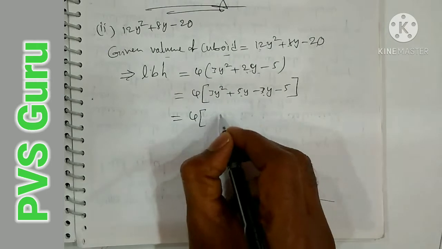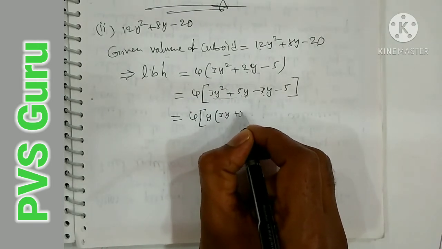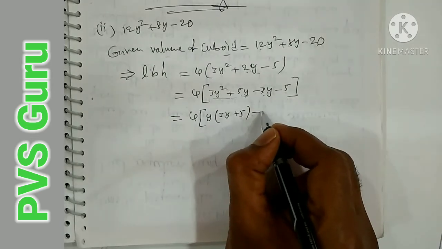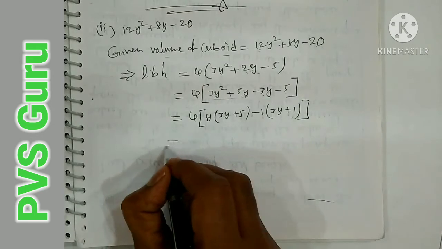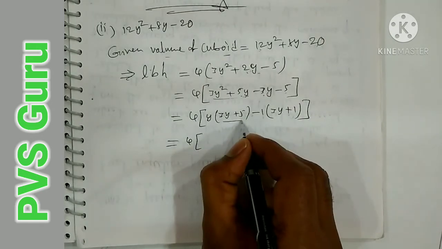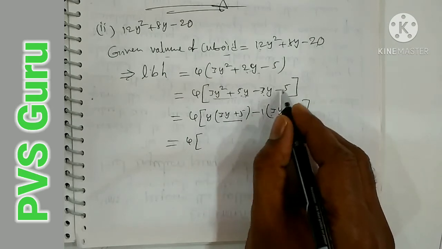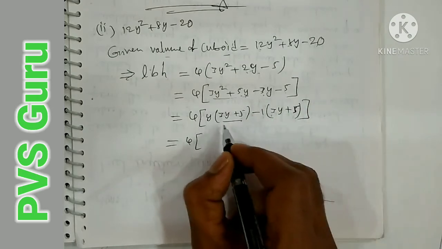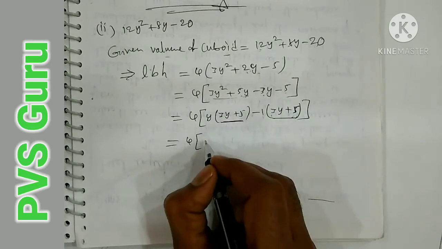So here in these 2 you take y common. This is 3y plus 5. In these 2 you take minus 1 common. Minus 1 common means here it is 3y, here it is 5. So 3y plus 5, 3y plus 5 again common.